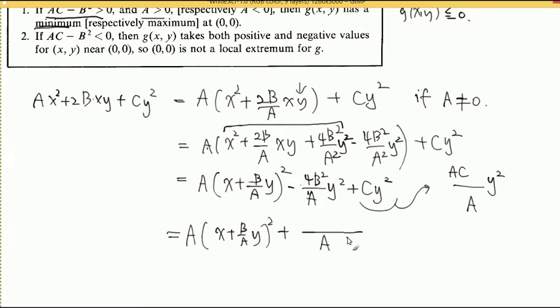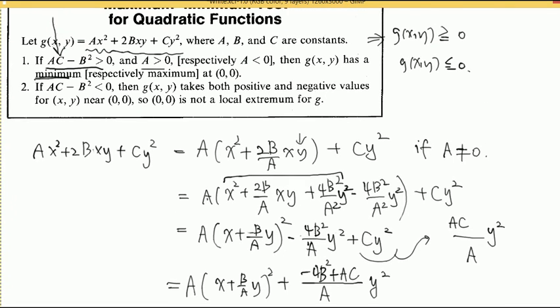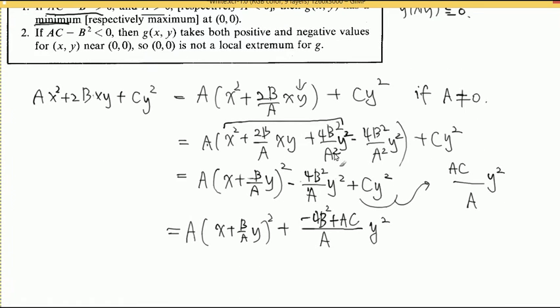Then what do you see? Minus 4b squared plus AC y squared. Something's missing. But they have 2 in there. So this is correct.